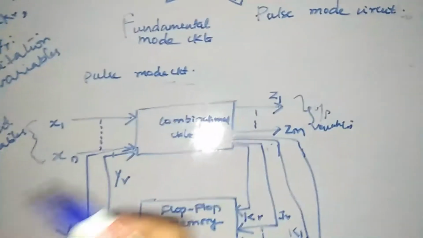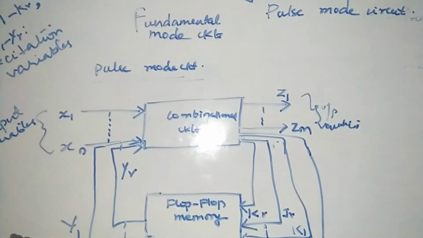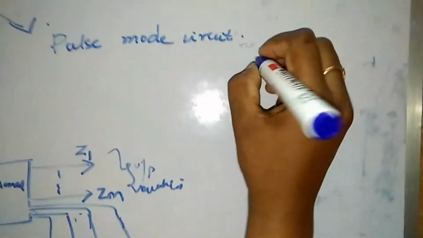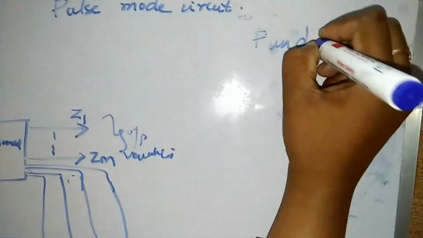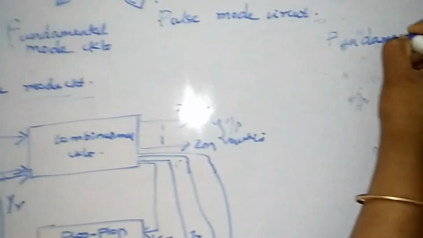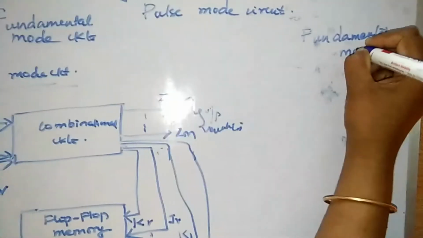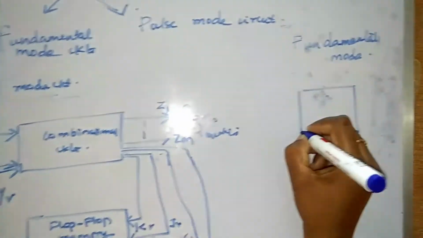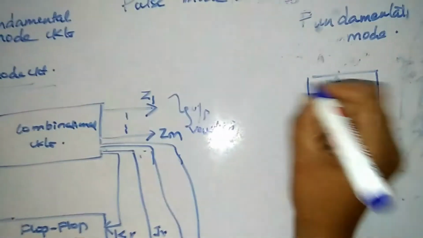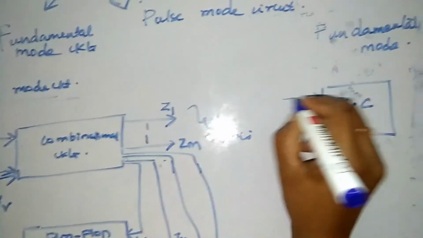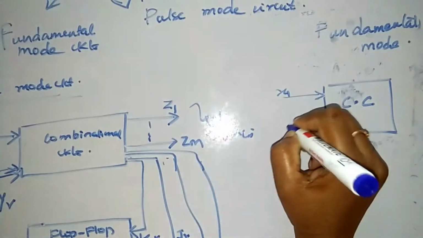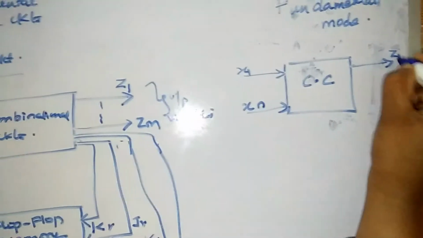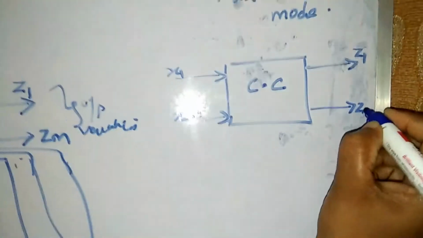Let us discuss what a fundamental mode circuit is. You can see the difference when I draw the diagram. In case of a fundamental mode circuit, again you have a combinational circuit over here. The inputs I name x1 to xn, and my outputs are z1 to zm.